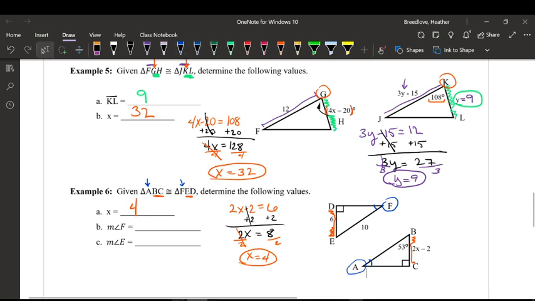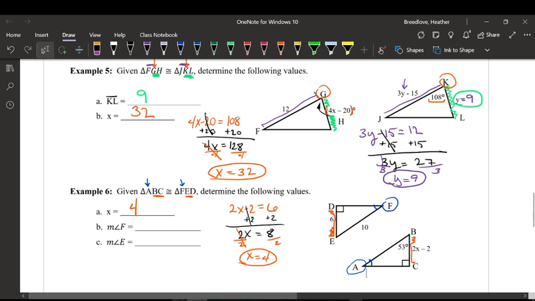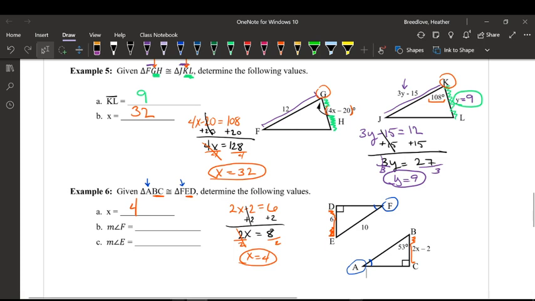I want F. In this triangle, all I have is the 90 and then another missing angle. So if I look at A, I have 90, but now I know the other angle is 53 degrees. And I know the triangle angle sum theorem tells me that all triangles add up to 180 degrees.